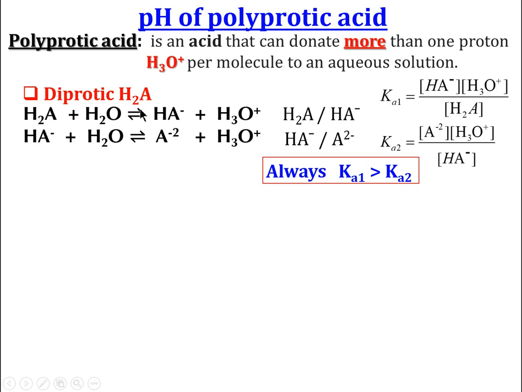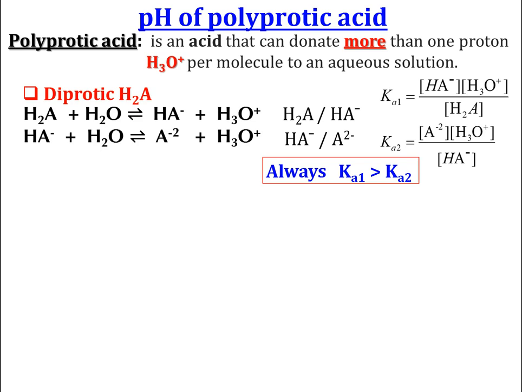K of the first reaction is equal to Ka1, and K of the second is equal to Ka2. And pay attention, always Ka1 is greater than Ka2. That means the first acidity of a diprotic acid is stronger than the second acidity of this acid.